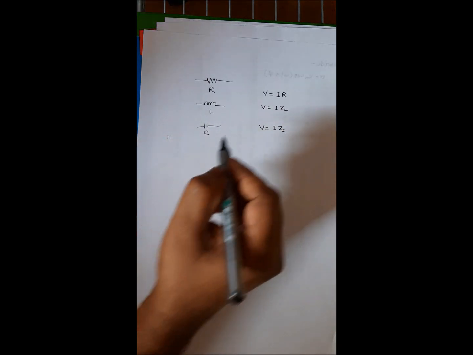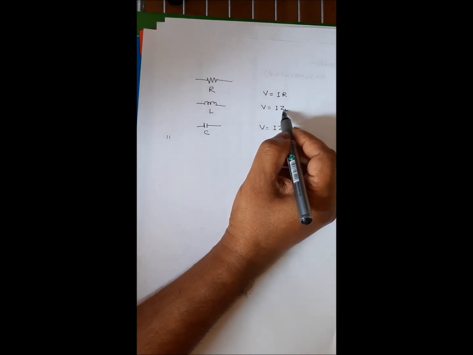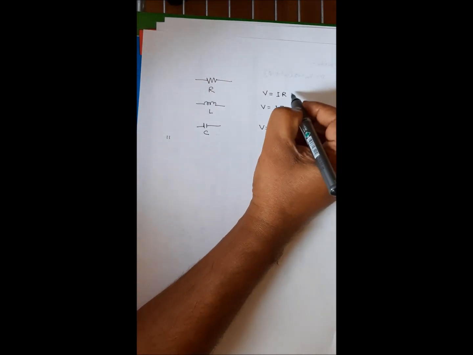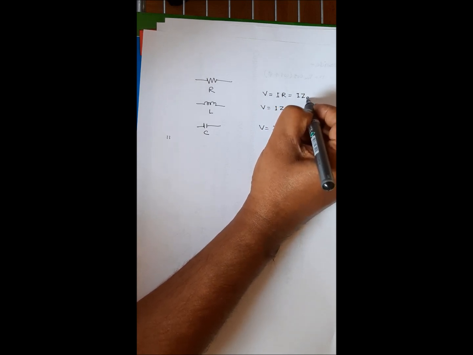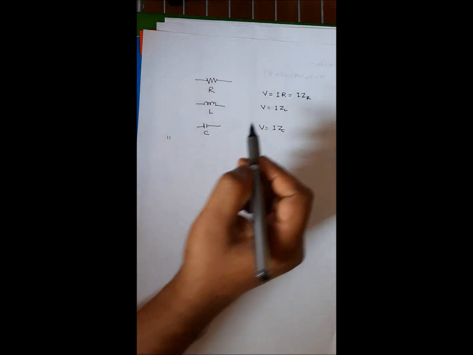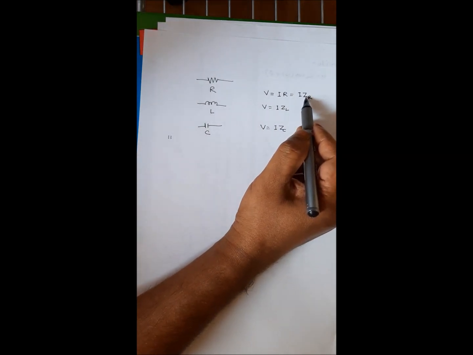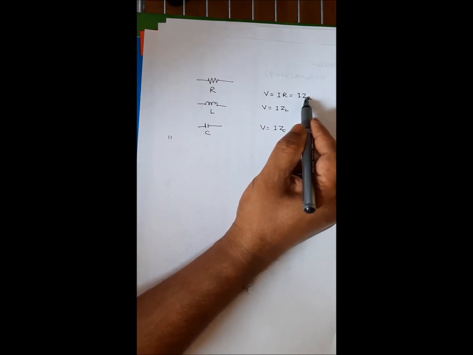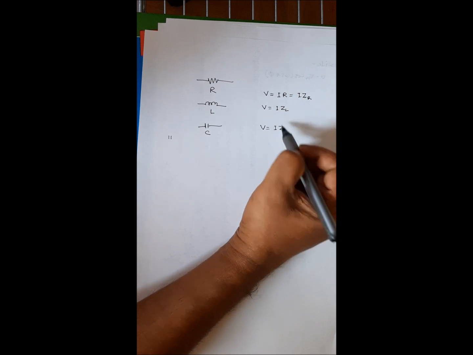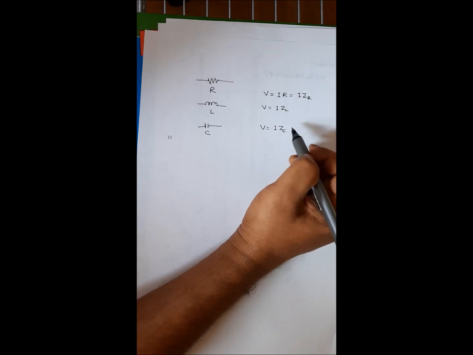So here we use ZL and ZC. So let me use ZR for the resistor. I use just a common term, that is the impedance. So this Z is for impedance. So this is resistive impedance, inductive impedance, and capacitive impedance.